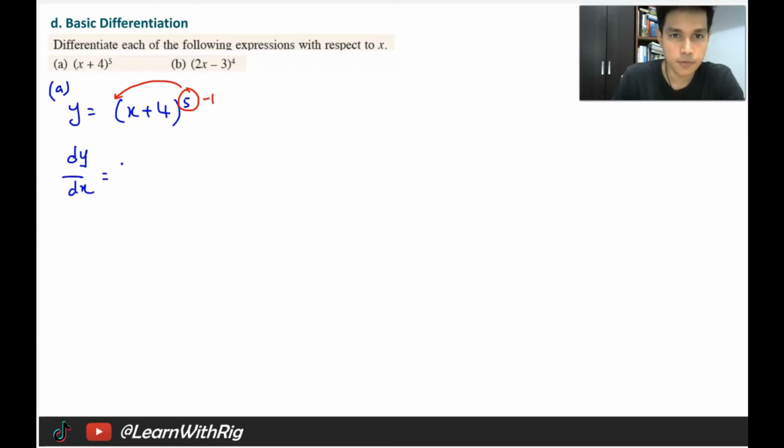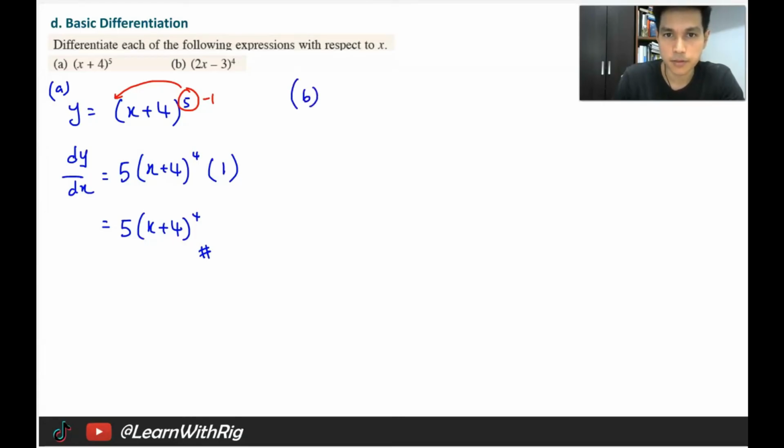So you get 5 times x plus 4 power 4. Then the bracket, you have to differentiate whatever is inside. In this case you only get 1, because you differentiate x, it becomes 1, and the 4 becomes 0. So your answer is 5 times x plus 4 power 4.